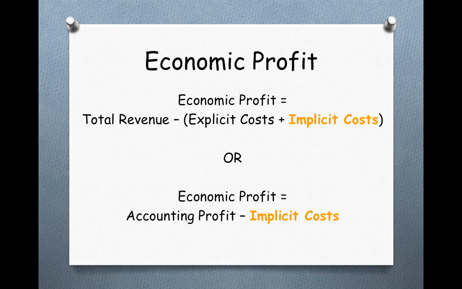But economic profit is equal to the total revenue minus both explicit and implicit costs. So, economic profit looks at all these unrecorded costs associated with the production. In other words, economic profit is equal to accounting profit minus the implicit costs.